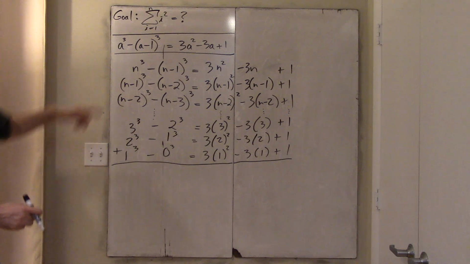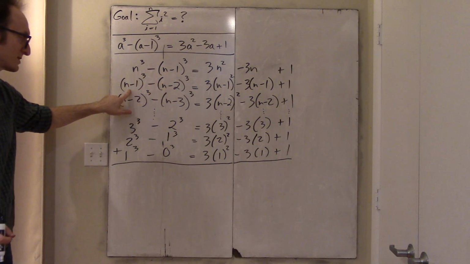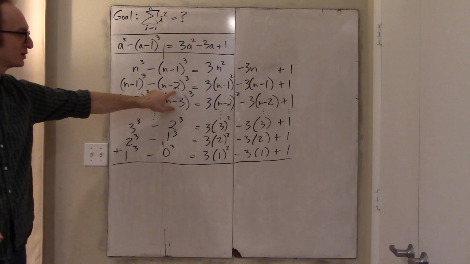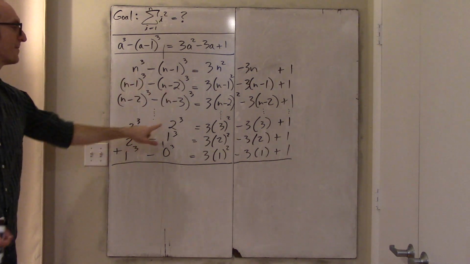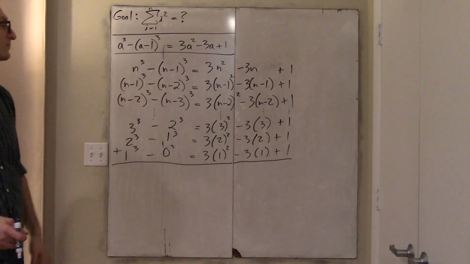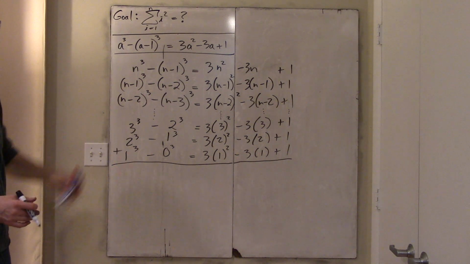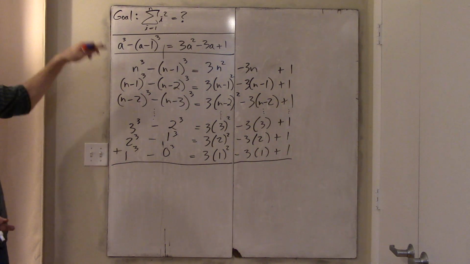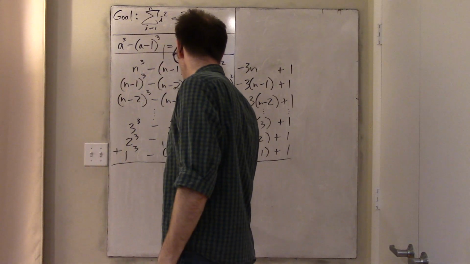Because I have n cubed minus (n minus 1) cubed plus (n minus 1) cubed minus (n minus 2) cubed plus (n minus 2) cubed, minus 2 cubed plus 2 cubed minus 1 cubed plus 1 cubed and then minus 0. So the entire left-hand side, when I sum up these equations, is just n cubed.